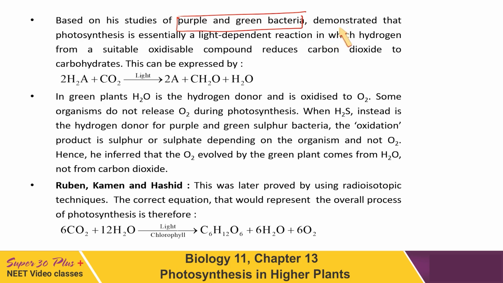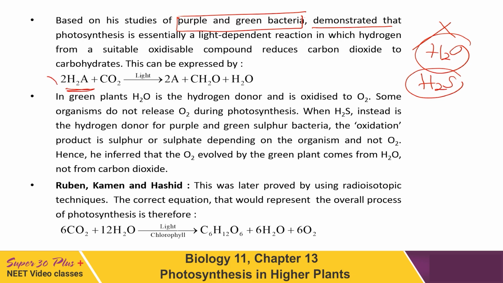He demonstrated that these are doing photosynthesis, but they do not use water as source of hydrogen. Instead of water, they are using hydrogen sulfide, remember. So he told this thing, here this is H2A. We can write that this is H2S.